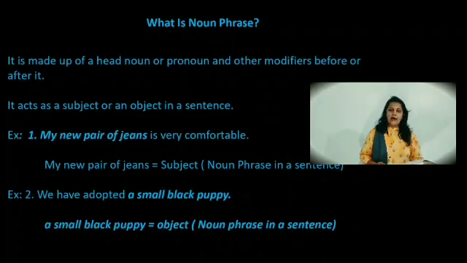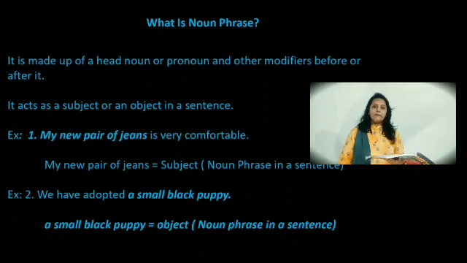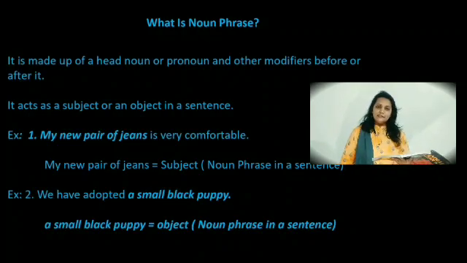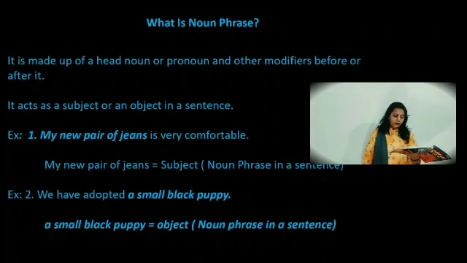Let us look at the second example. We have adopted a small black puppy. Now here we is the subject, have adopted is the verb, and the other part of the sentence is a small black puppy.